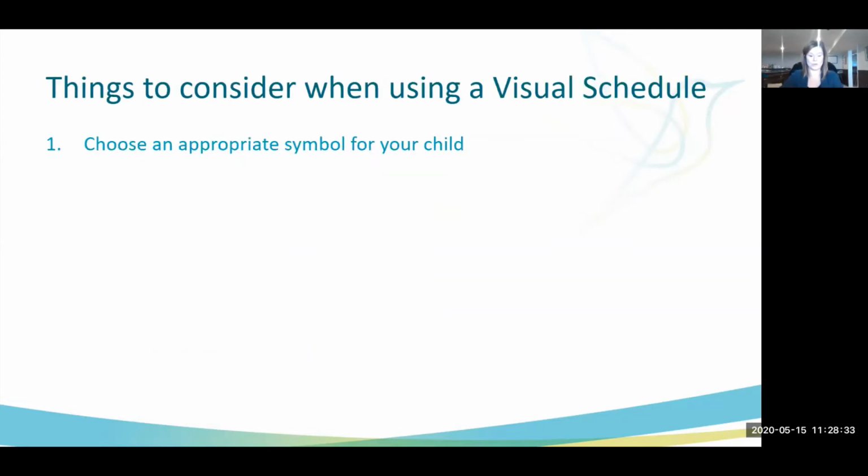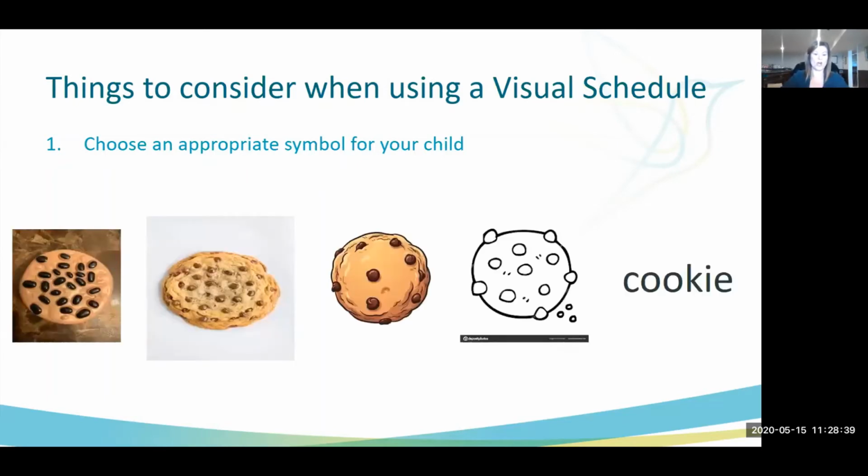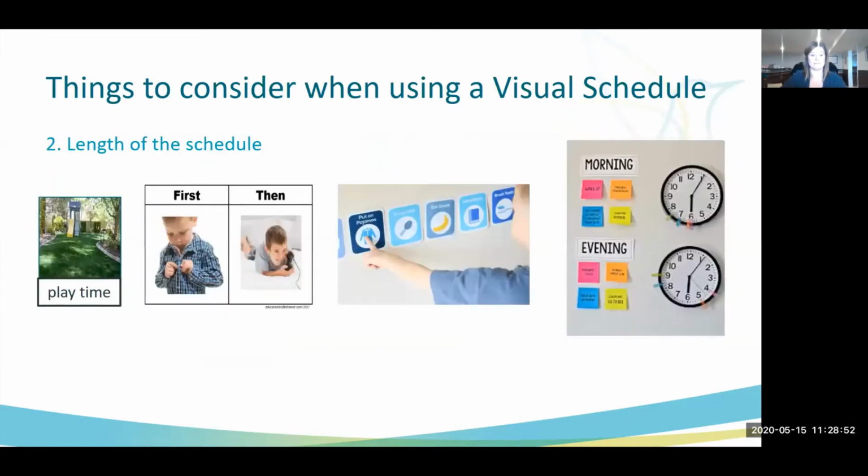Things to consider when using a visual schedule is to choose an appropriate symbol for your child. Is it an object, a picture or a photo, line drawings, clip art, written words, or symbols, or a combination? Other things to consider is the length of the schedule. Are you going to use just one for transition?